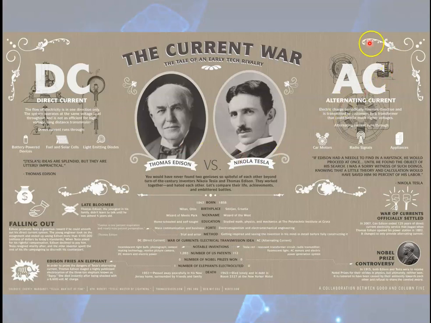Now, for AC, alternating current, the electric charge periodically reverses direction and is transmitted to customers by a transformer that could handle much higher voltage. So AC can basically be run through car motors, radio signals, and appliances. So this is the story of Thomas Edison and Nikola Tesla.